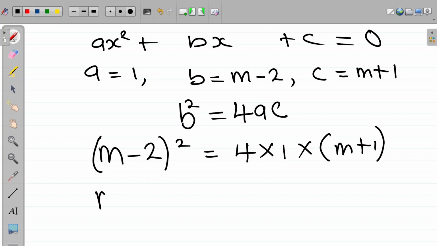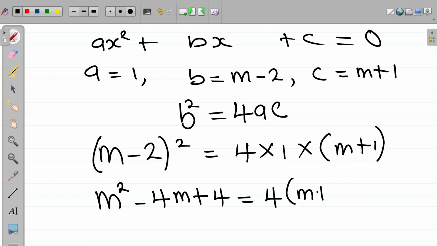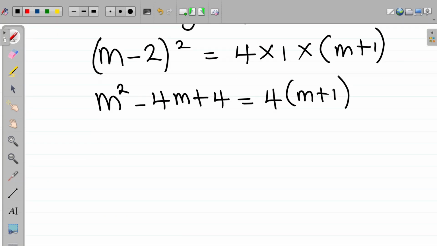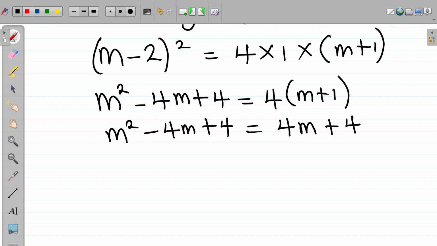So we have that m squared minus 4m plus 4 equal to 4 times 1 is 4 multiplied by (m plus 1). Also, let us open up the bracket in our right hand side. So the equation becomes 4 times m is 4m, 4 times 1 is 4.